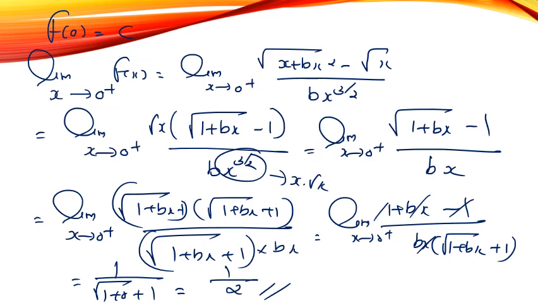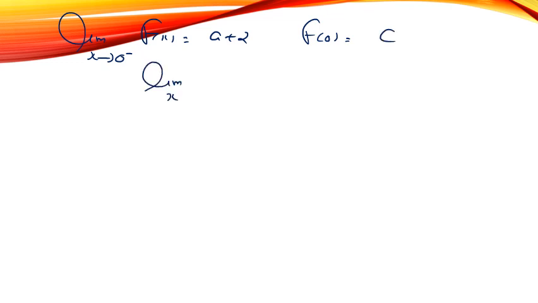So now you got limit x tends to 0 minus f of x is a plus 2. f of 0 is c and limit x tends to 0 plus f of x is equal to 1 by 2.